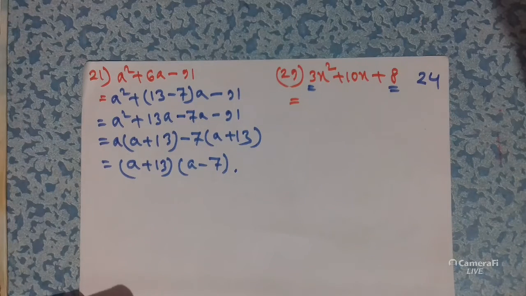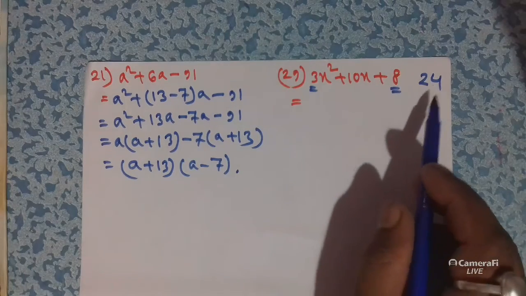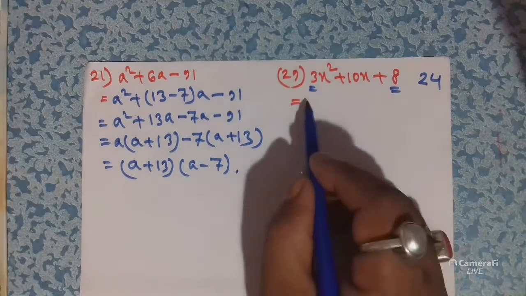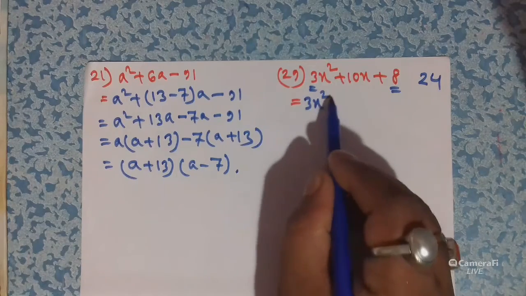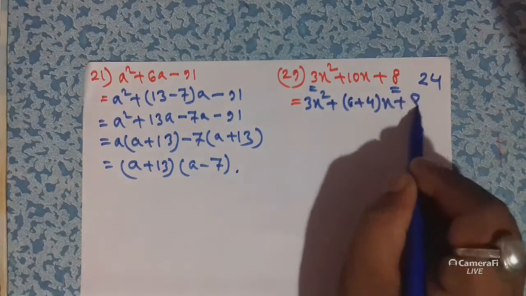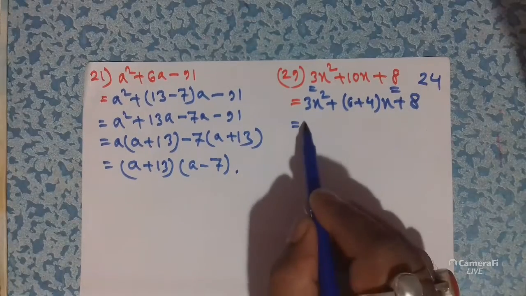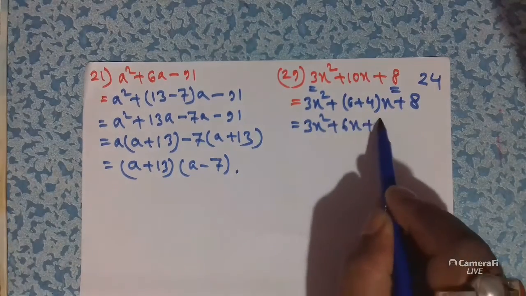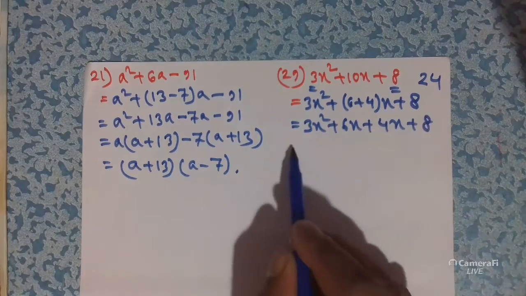If we choose 6 and 4, that means 6 into 4 is 24 and 6 plus 4 is 10. So 3x square plus (6 plus 4)x plus 8. Now remove this bracket, so it will be 6x plus 4x plus 8.